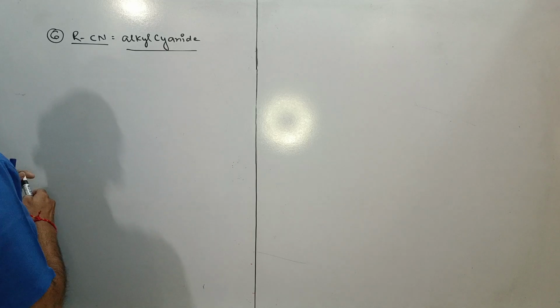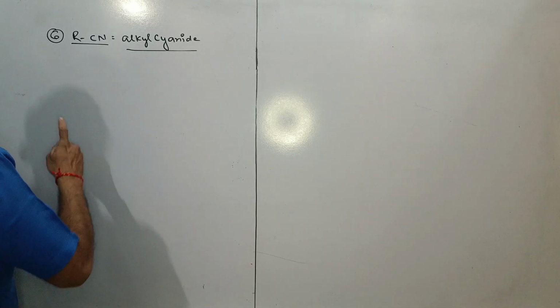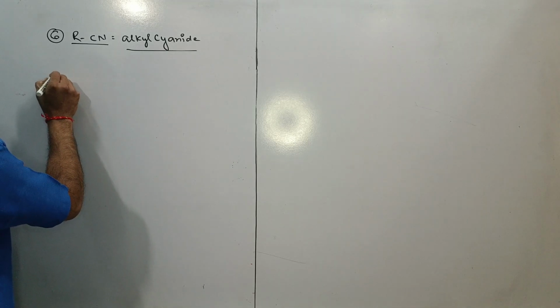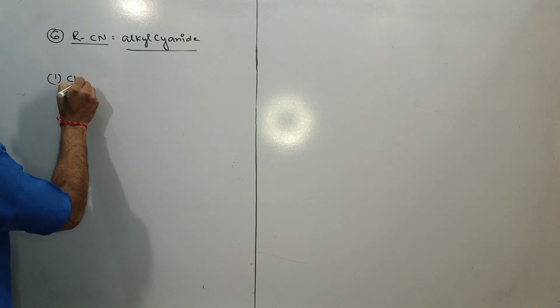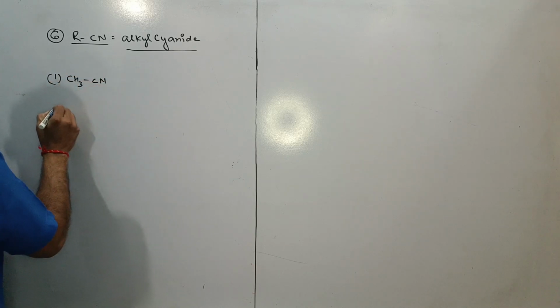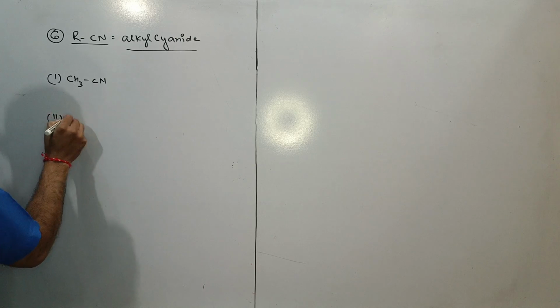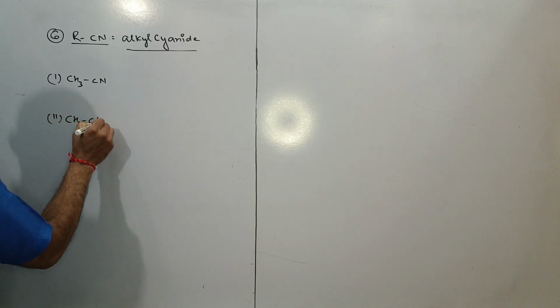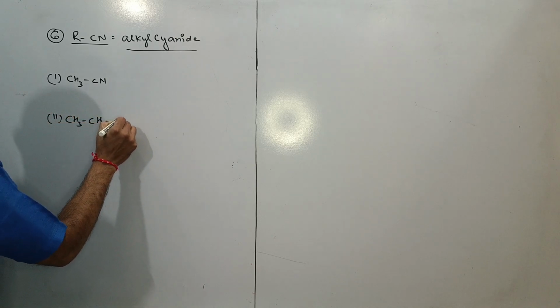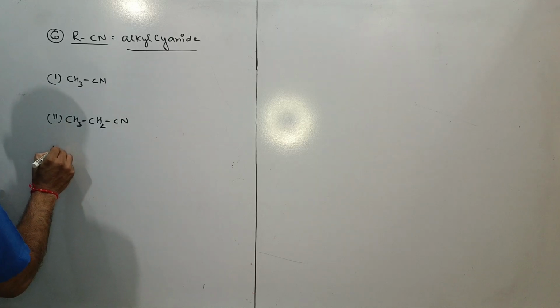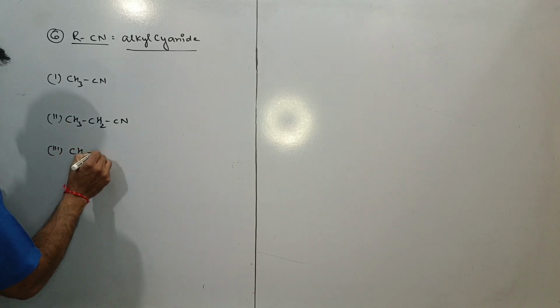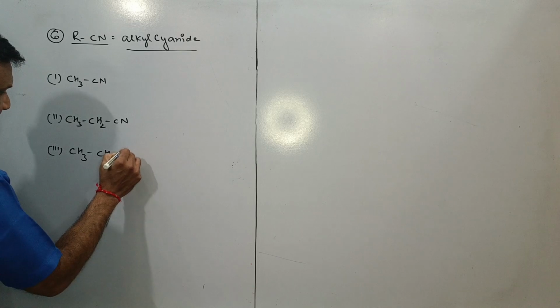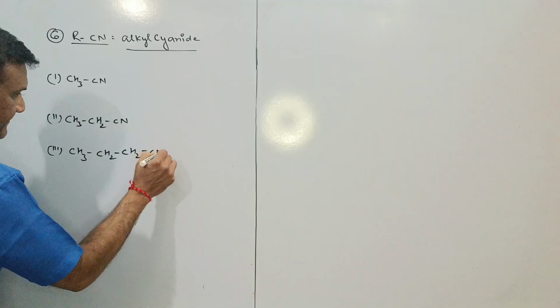So first of all, I'll take the simplest one of them, that is your CH3CN. You can take the second example, CH3CH2CN. This is the third example, CH3CH2CH2CN.